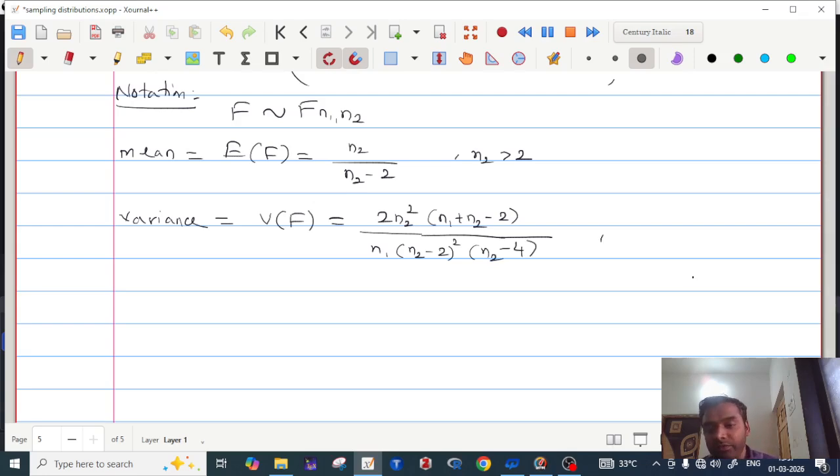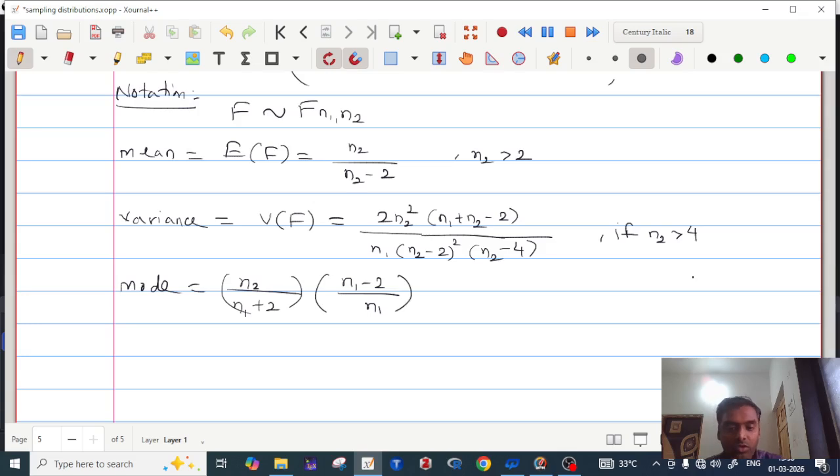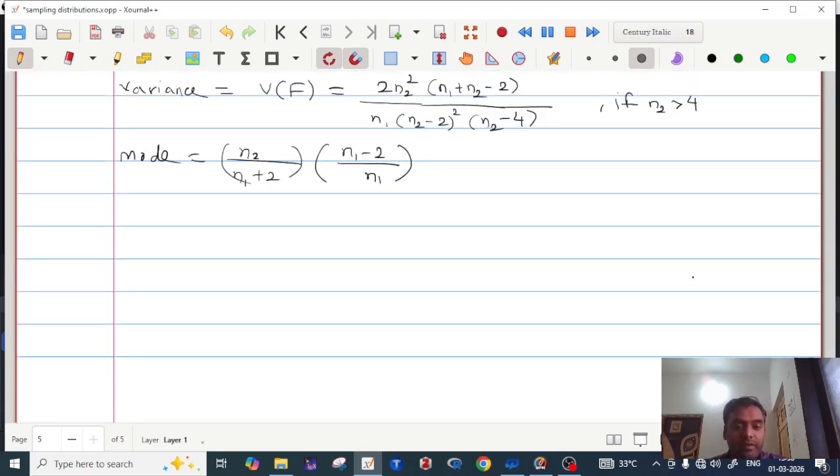The condition is that it is defined if n2 is greater than 4. Then the mode of the F distribution is n2 divided by n2 plus 2, multiplied by n1 minus 2 divided by n1. This is the mode of the F distribution.